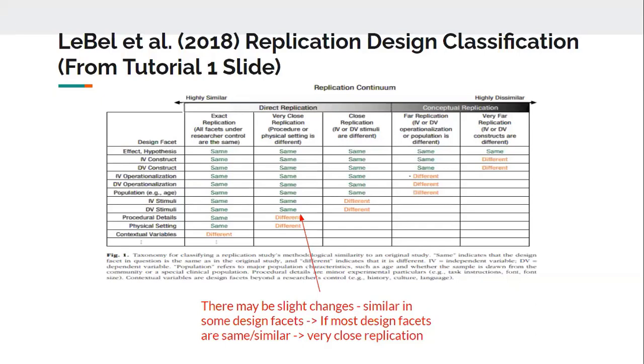So most of our projects are very close replications, in which we don't make substantial deviations from the original. We try to be as close as possible, given the available information.